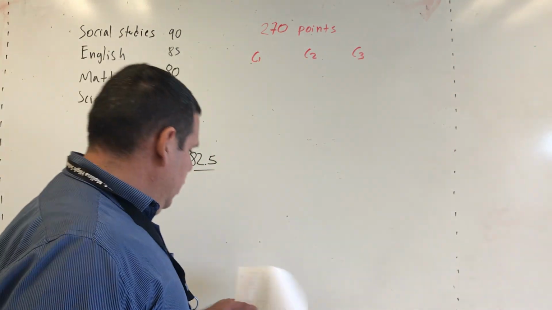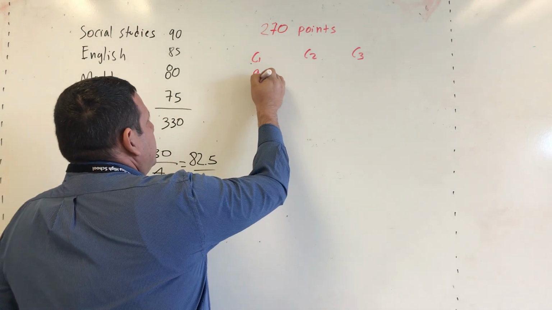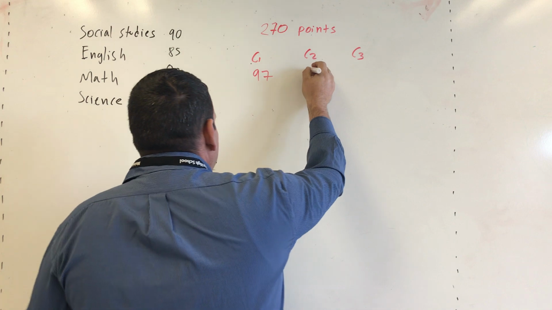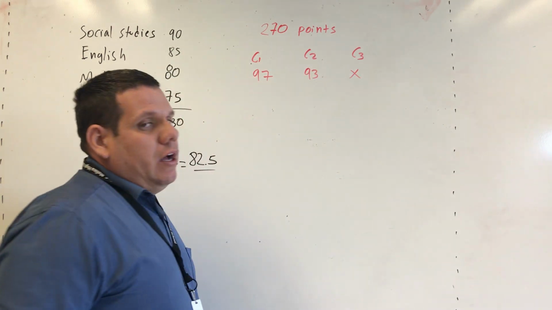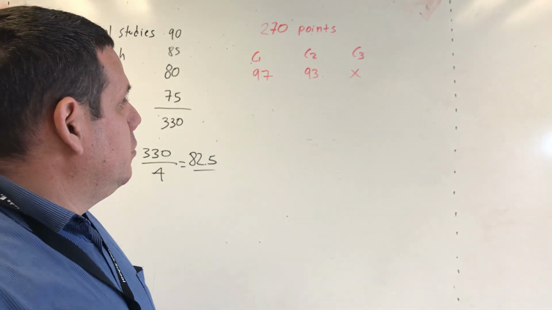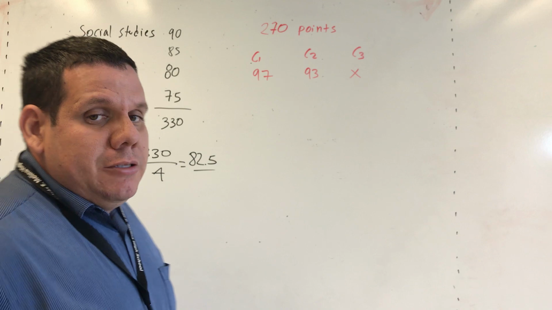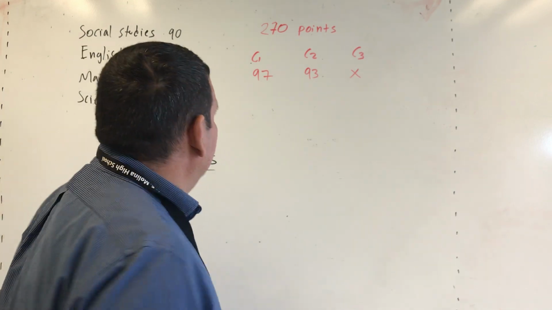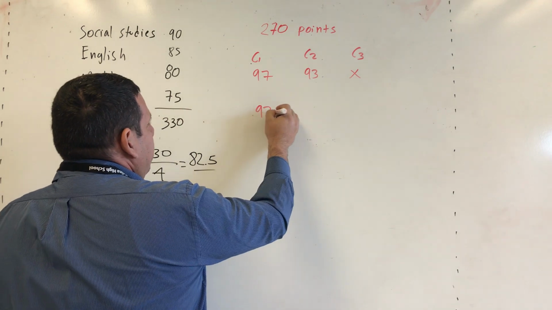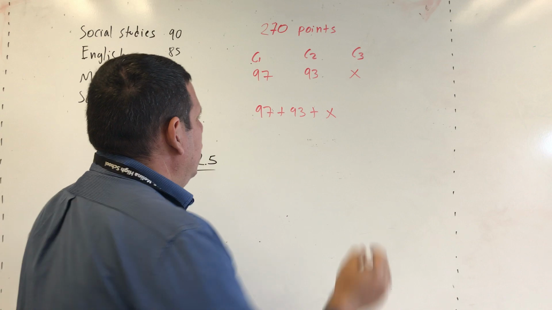Okay, so during the first cycle, second cycle, and third cycle, you need to get at least 90 or more, okay? But what if you have at the beginning 97 for the first cycle and then 93 for the second cycle, but you don't know what will be your grade for the third cycle? Okay, what do you need to do in this case? All right, so let's make a first grade equation. So you have 97 plus 93 plus, you don't know the grade yet.